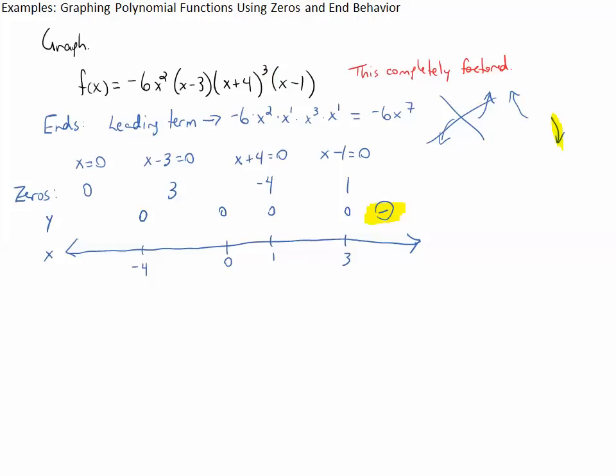I know the left end of my graph goes up forever, so on the left end of my number line, my y values have to be positive, right? Y is positive if I'm going up forever. And now I will use the number of sign changes. -4 has 3 sign changes, right? Because it came from the x plus 4. So 3 sign changes, SC. 0 came from the x, which has 2 sign changes.